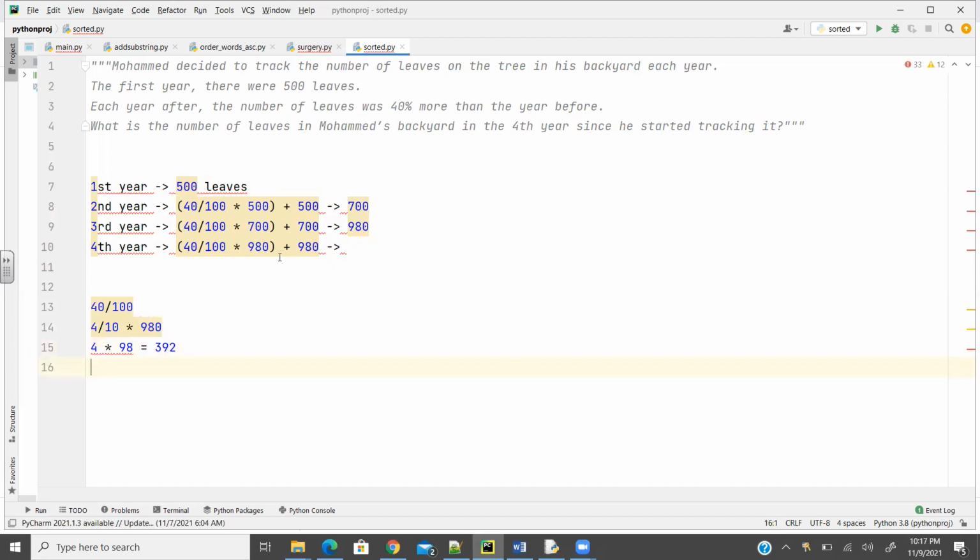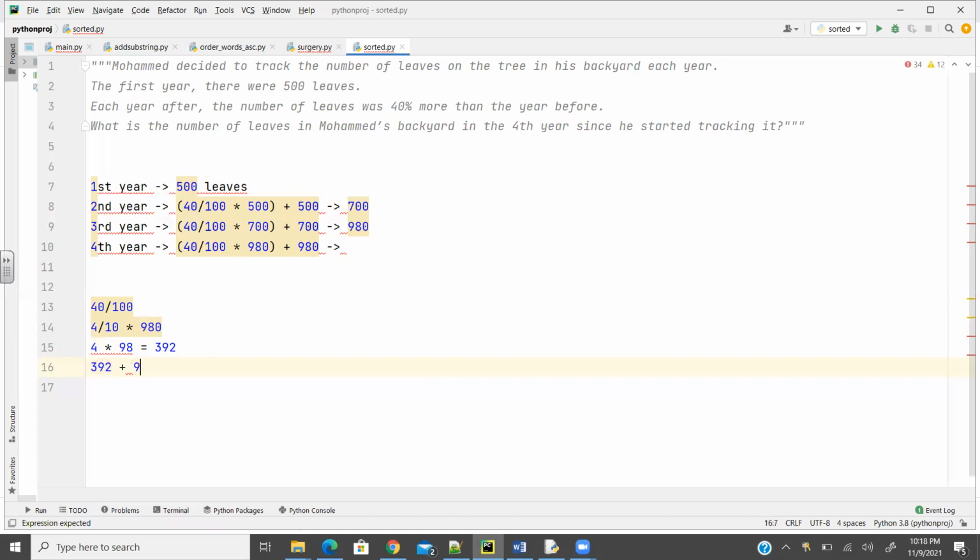So we get 392 after this operation here. Then we need to add it to the 980. So 392 plus 980. So that will be the total number of leaves in the 4th year.